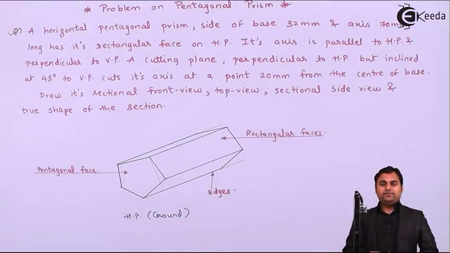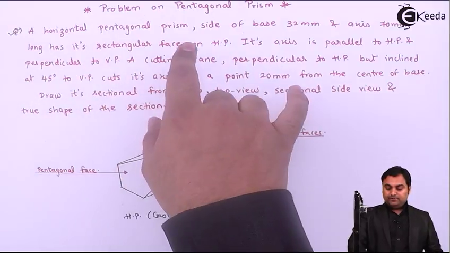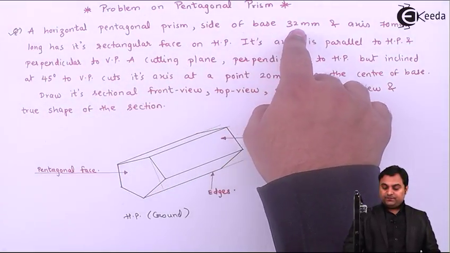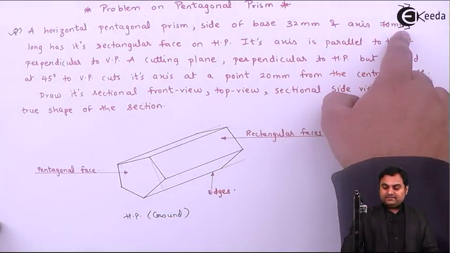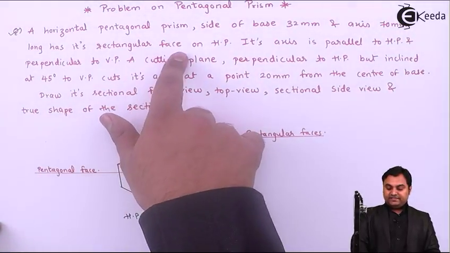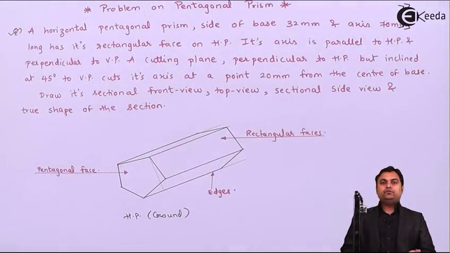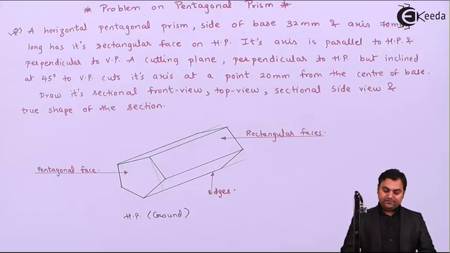Here I have kept it horizontal, and axis 70 mm long, that is the length, has its rectangular face on HP. So it is resting on the rectangular face on HP. HP means that is the ground. So here the pentagonal prism is resting in this way which I have shown here.